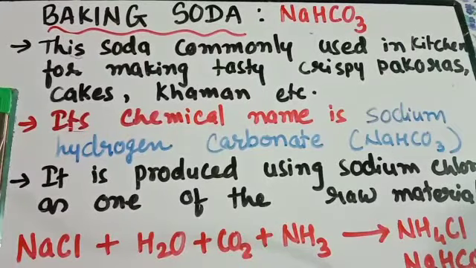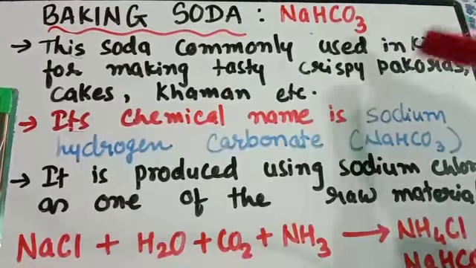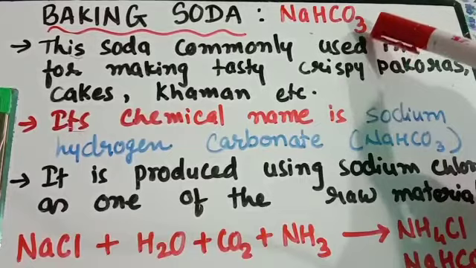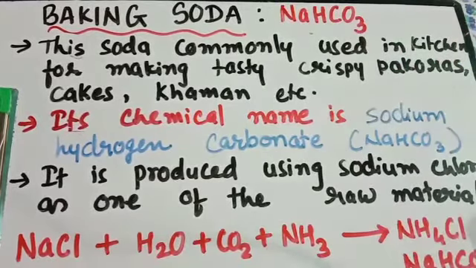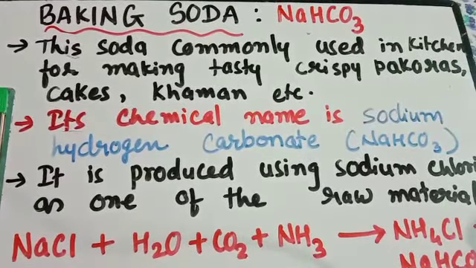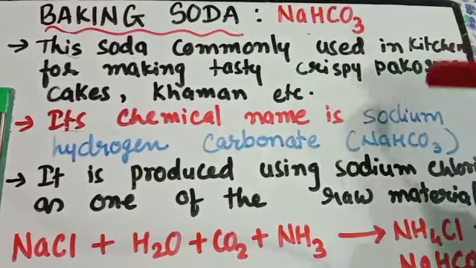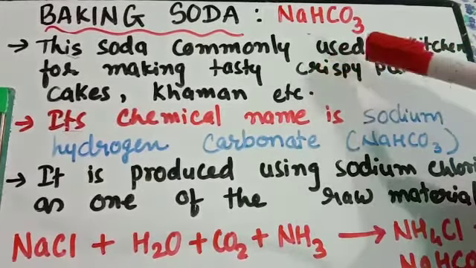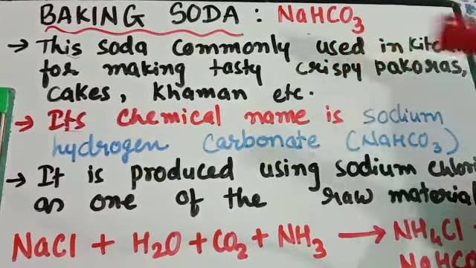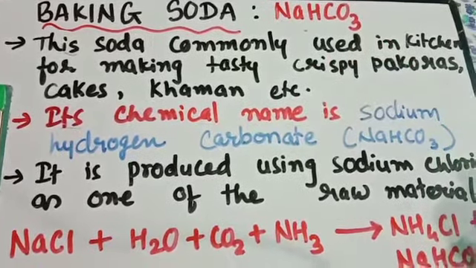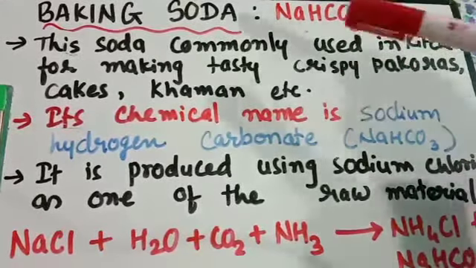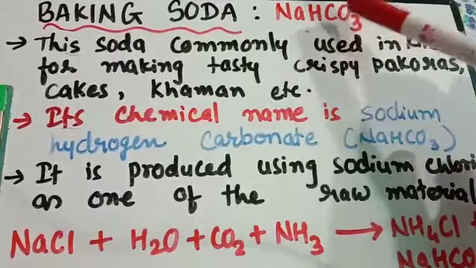Next is baking soda. The formula is NaHCO3. This soda is commonly used in the kitchen for making tasty, crispy pakoras, cakes, khaman, etc. Its chemical name is sodium hydrogen carbonate.